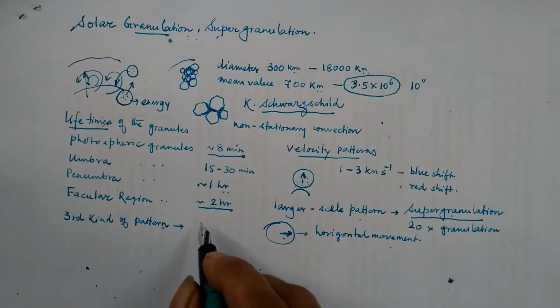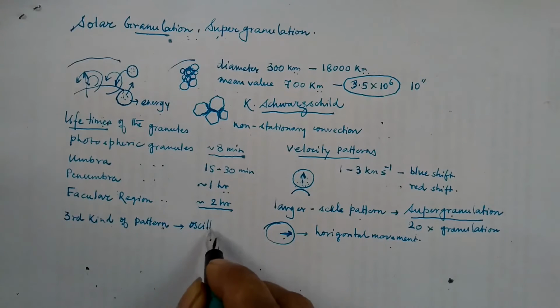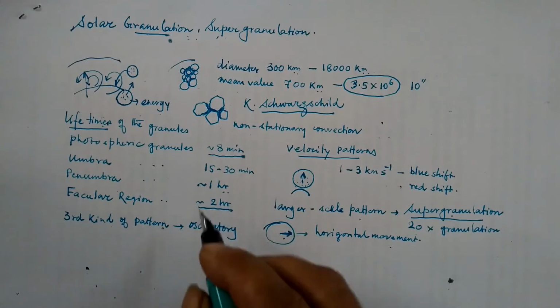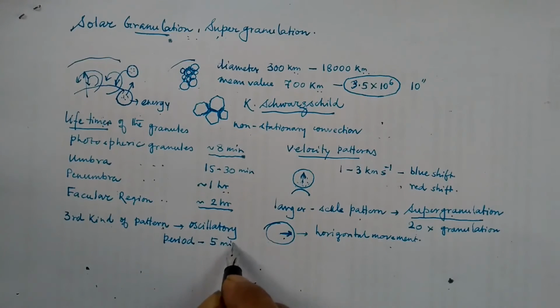And this third kind of pattern is oscillatory, meaning moving up and down all the time, and performs a complete cycle. The period of this oscillation is about 5 minutes.